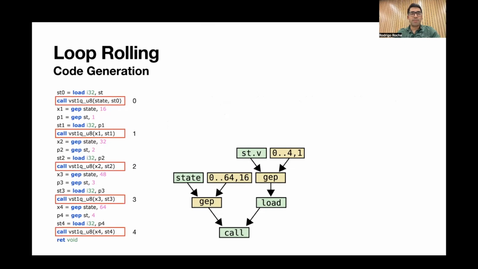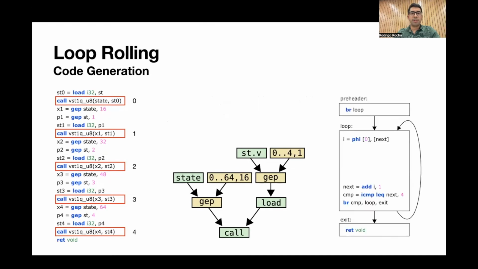Since we used 5 seed instructions, we'll create a loop structure that performs 5 iterations. It first has a pre-header that simply jumps to the loop body. In the loop body, we have an iterator that starts with 0, which is then incremented by 1.